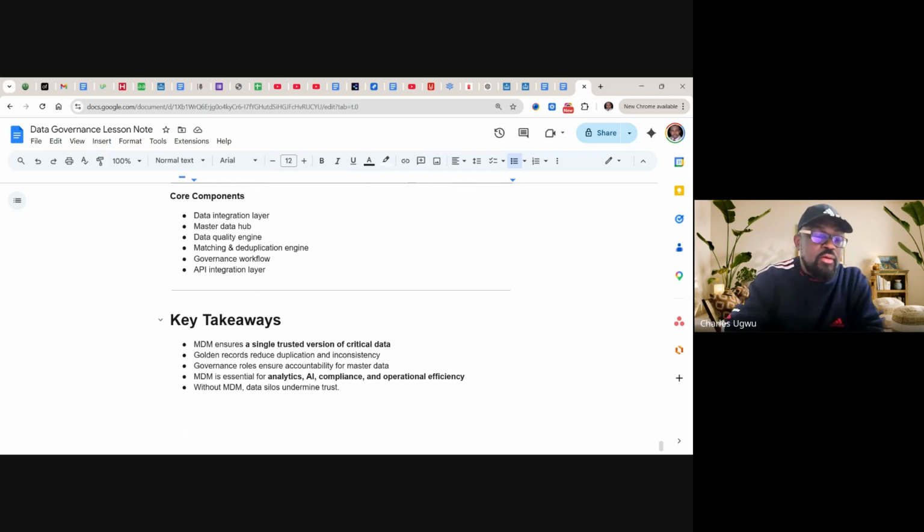Key takeaway from tonight's class: master data management ensures a single trusted version of critical data. Golden record reduces duplication and inconsistency. Governance roles ensure accountability for master data, meaning that only one person is not managing the whole master data.